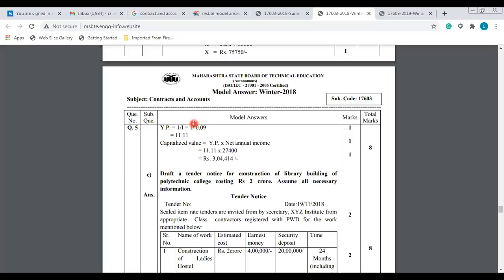So put the values of YP and net annual income to get the capitalized value. Capitalized value equals YP multiplied by net annual income, that is 11.11 multiplied by 27,400 rupees. So the capitalized value of the property is rupees 3,04,414. You can check this calculation.